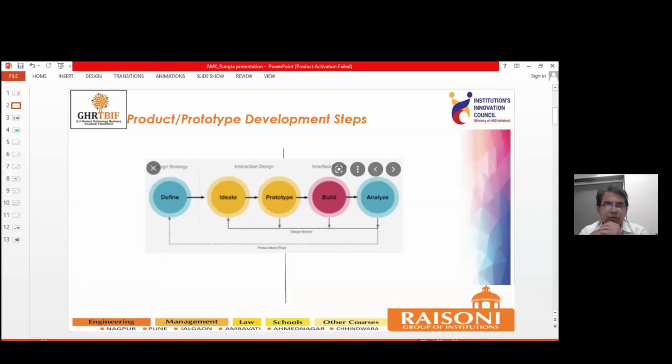We must understand that the steps are define, ideate, prototype, build and analyze. On an individual basis, every step involves big things. Starting with define, you can also relate these things to academic research.